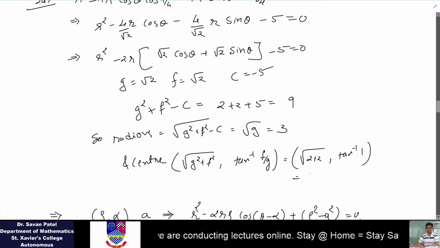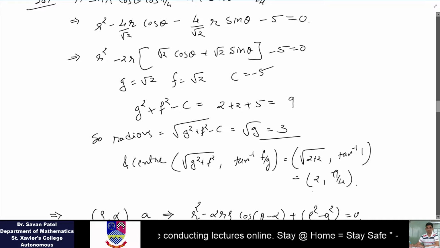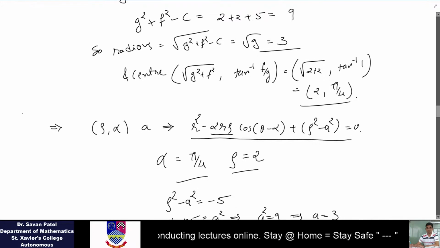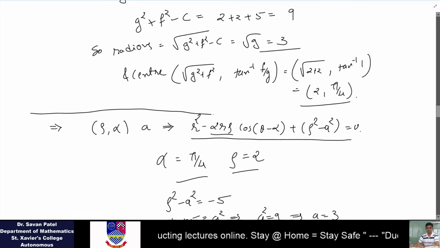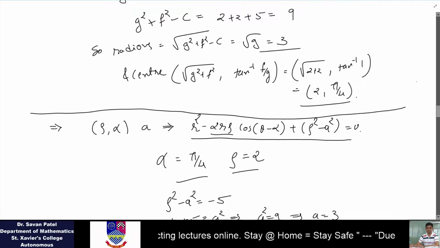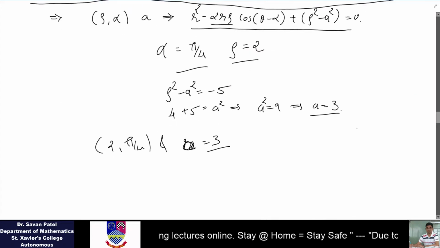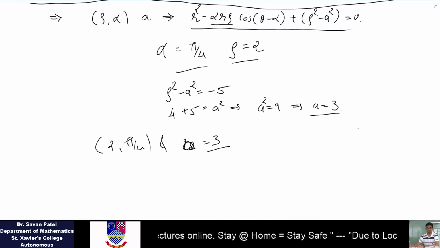This is 4, so its square root is 2, and tan inverse 1 is pi by 4. So the radius is 3 and the center is (2, pi by 4). That is as good as what we have done in the other method. Okay, so in both ways we have checked what the center is and what the radius is.